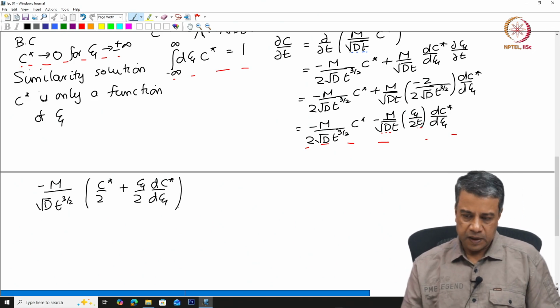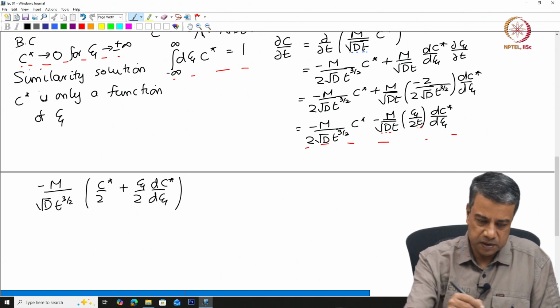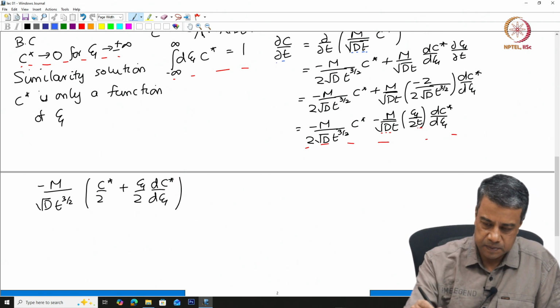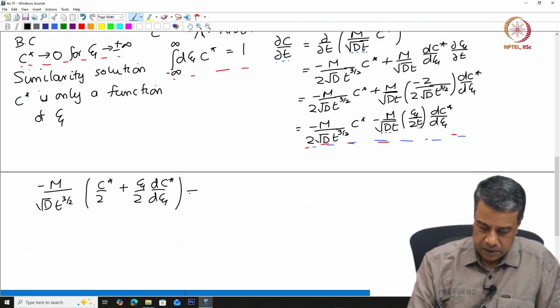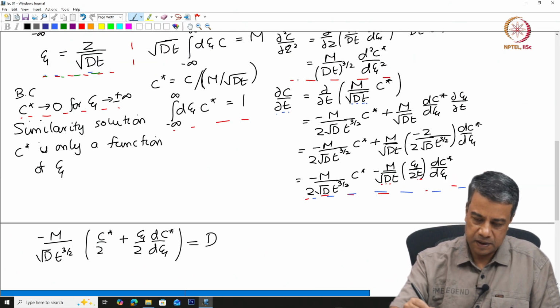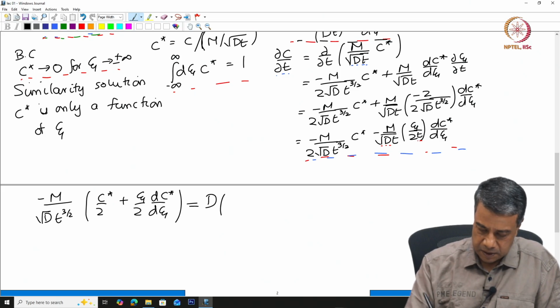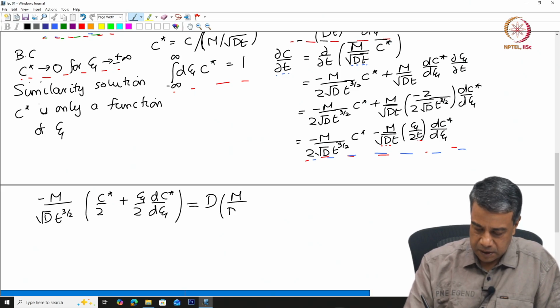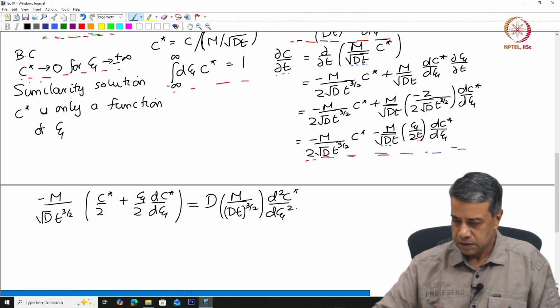That is on the left hand side, that is the partial C with respect to partial t. I have simplified this partial C with respect to partial t over here. On the right side, I have the diffusion coefficient times d square C by dz square, that is this one. This is into m by D t power 3 by 2 d square C star by d psi square.